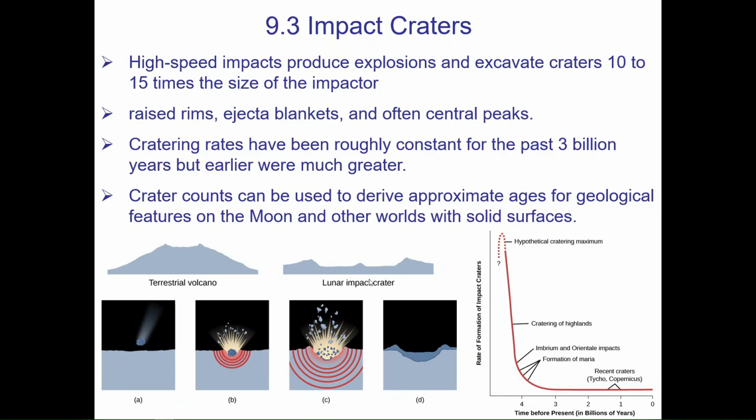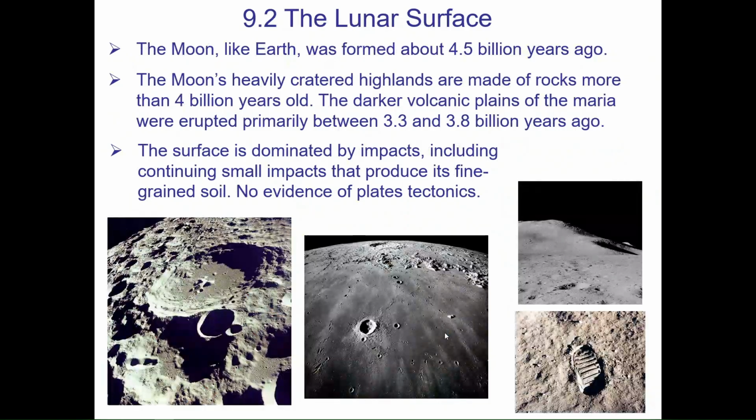The typical features of an impact crater are raised rims, which we already talked about, an ejecta blanket, and sometimes center peaks. If you see a crater with these features, for example the one from the previous image, this crater exactly matches all the features of an impact crater. So that is a result of an impact.